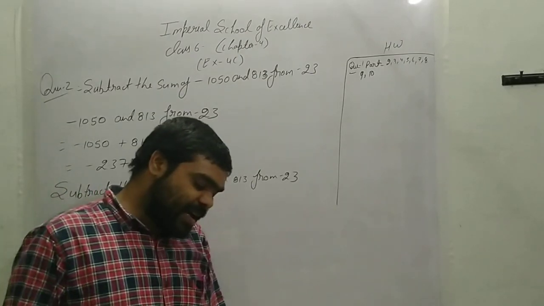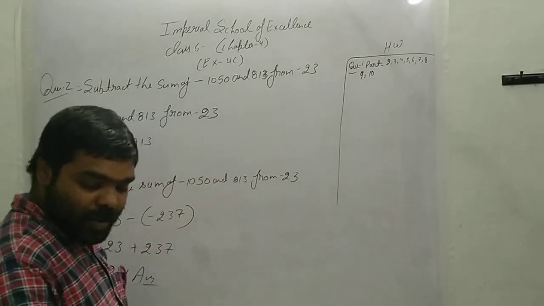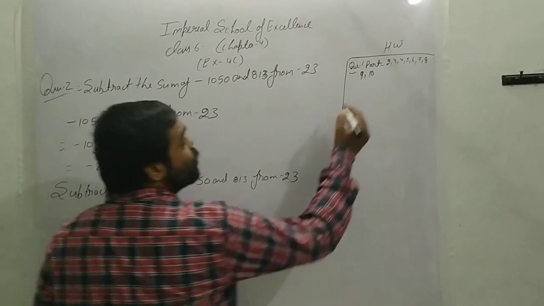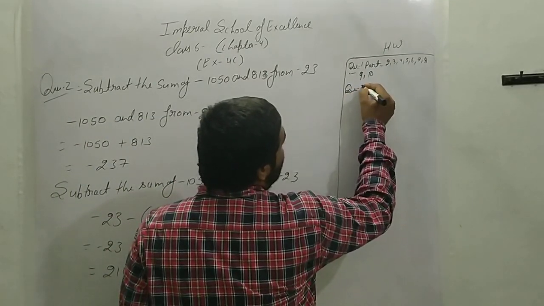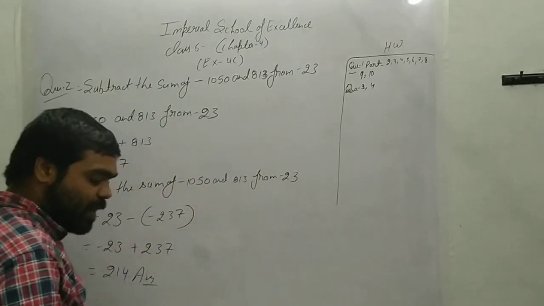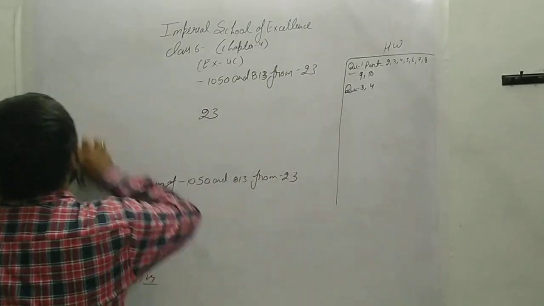Okay, question number second I have explained. Now third, fourth and fifth. Question number third, fourth you have to do. Question number third, fourth and fifth I am explaining you. Third and fourth are same. Now see question number 5.